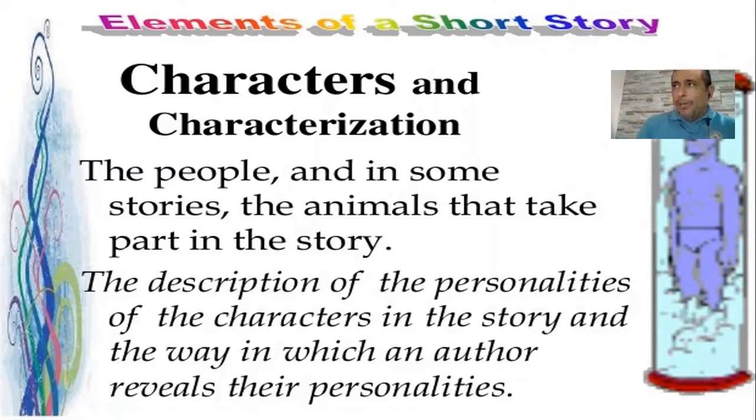The author has the responsibility to describe the characters. Sometimes the author is one of the characters of the story. The characters can be primary and secondary. Also, we have the protagonist and the antagonist. The protagonists are the good guys and the antagonists are the bad guys.